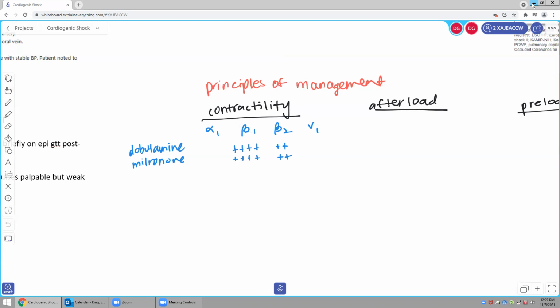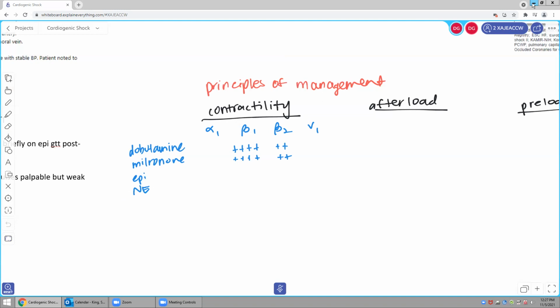These are like the two most classic inotropes. What was this guy on post-arrest? Yeah, he was on epinephrine, but we can also talk about norepinephrine. Tell me about epi's receptor profile.